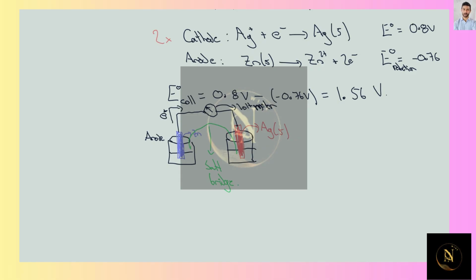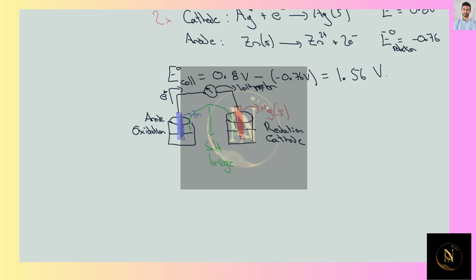So this is going to be our diagram. Remember that here the oxidation reaction occurs, over here the reduction, because this side corresponds to the cathode. So this is the answer for part A.